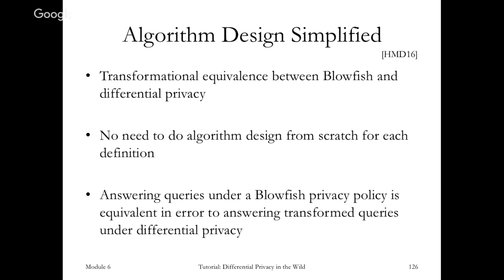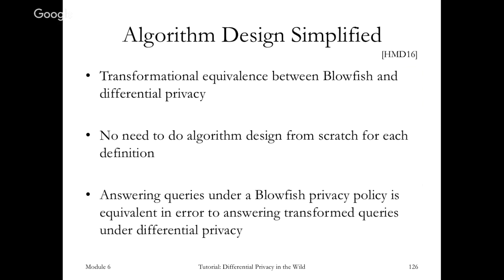What is nice about Blowfish privacy is that it doesn't require us to redesign our algorithm. One prior work on Blowfish privacy studied a very nice transformational equivalence between Blowfish and differential privacy.